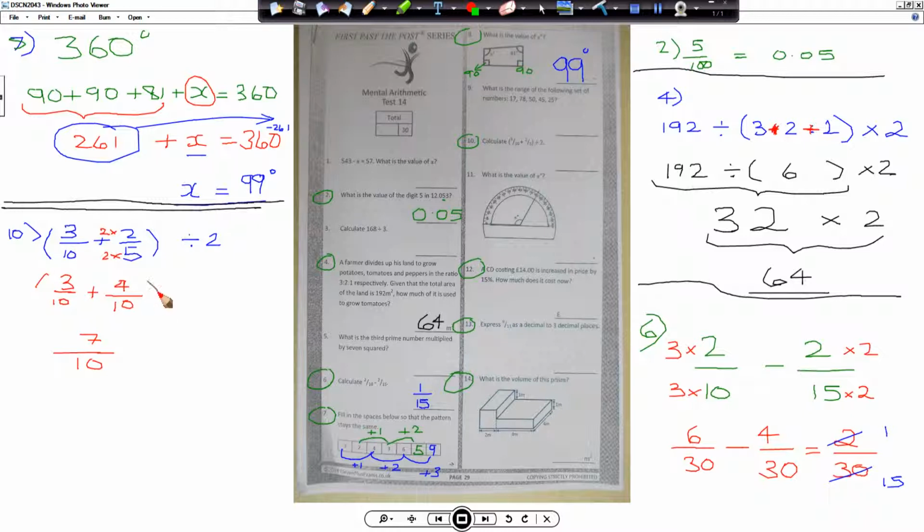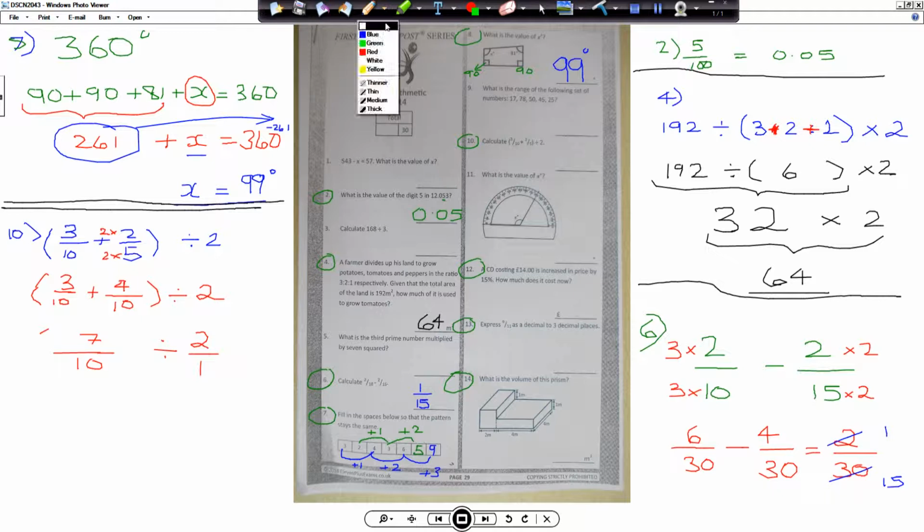And now we have to divide by 2. Now 2, I'm going to write it as 2 over 1. Why do I write 2 over 1? 2 is the whole number. We can turn the whole number into a fraction easily by putting it over 1. It's the same thing. 2 is the same as 2 divided by 1, which is 2. So this way, at least the question now looks more like a fraction type question.